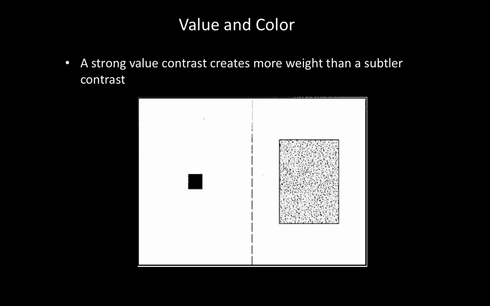So if you have a dark black in a lighter image, or a bright white in a darker image, or a bright red or a bright yellow around muted colors, that's going to create a lot of weight, and so the other side needs something larger to balance out the small bright area.